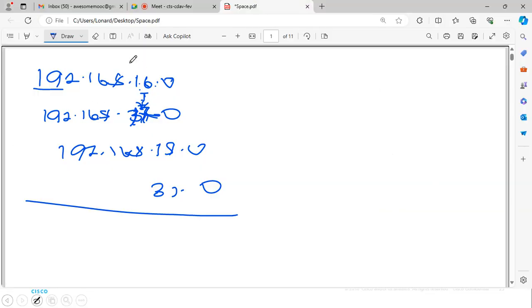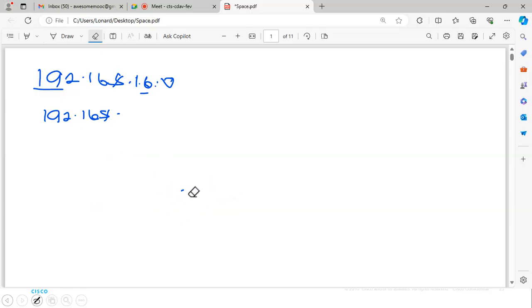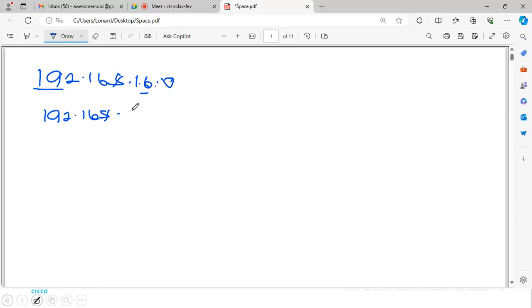what I'm going to do is just have the first and then the last, 31.0. I'm going to ignore the ones in between, because even if I convert them, they will give me the same. So I will just convert only this.